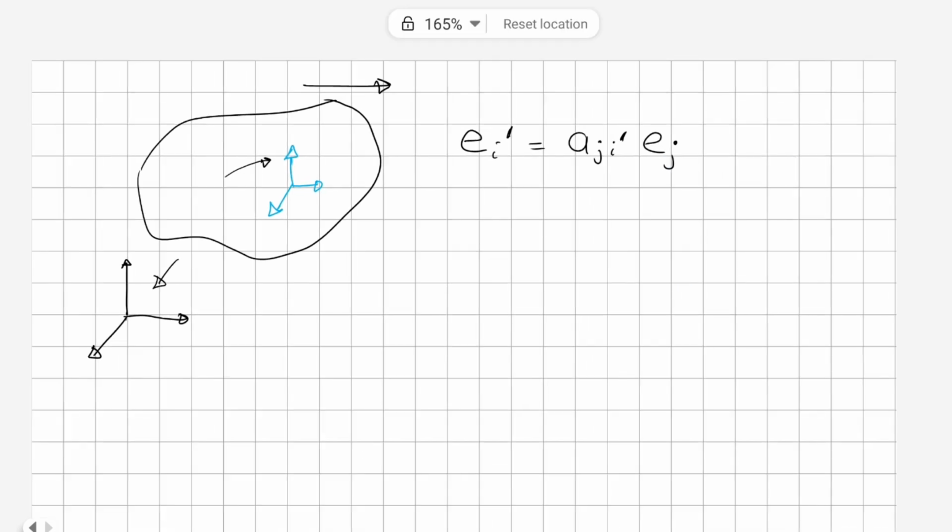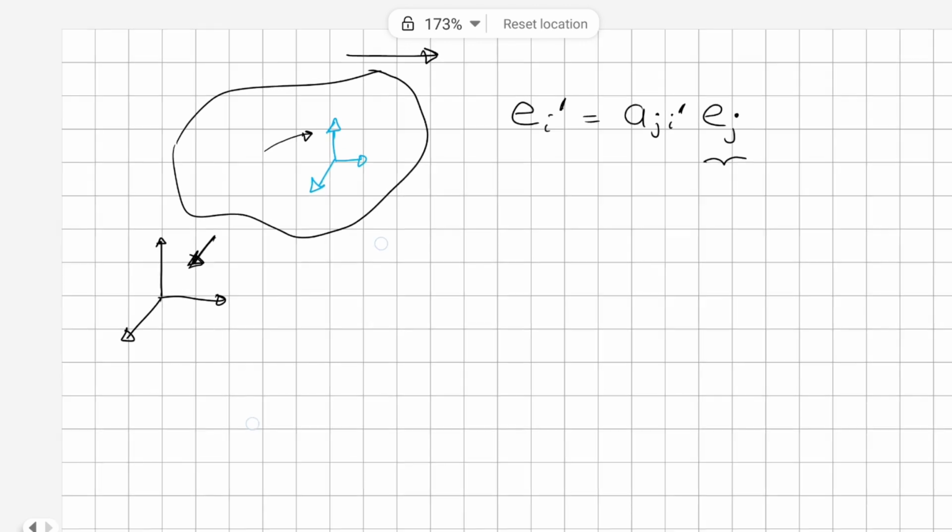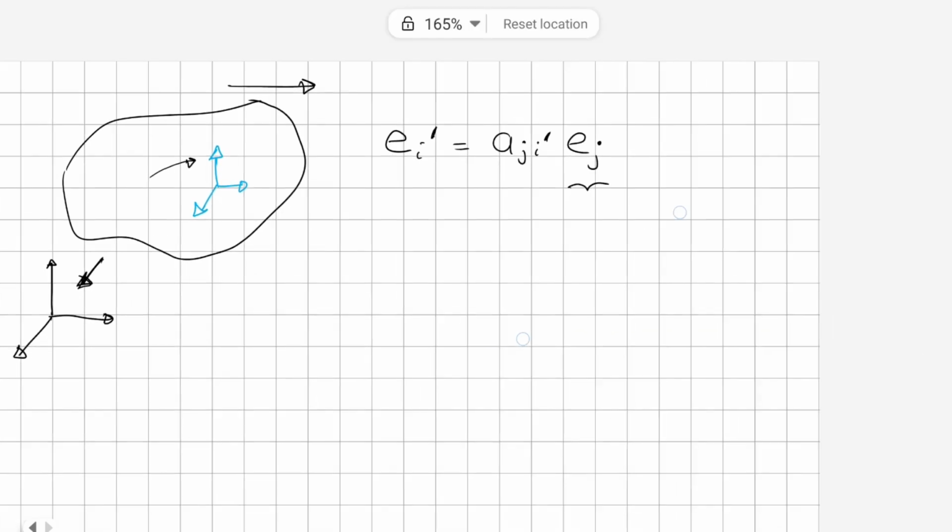Okay? Remember, this basis corresponds to this coordinate system. Any point in this coordinate system can be expressed as a linear combination of the elements of this basis. We can express this as E_j, which is the basis E1, E2, E3.